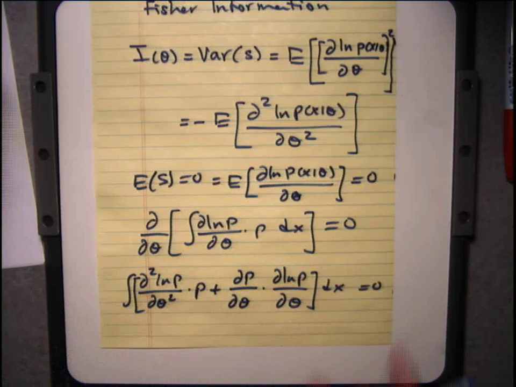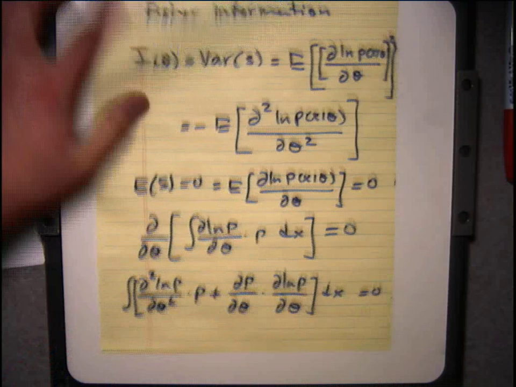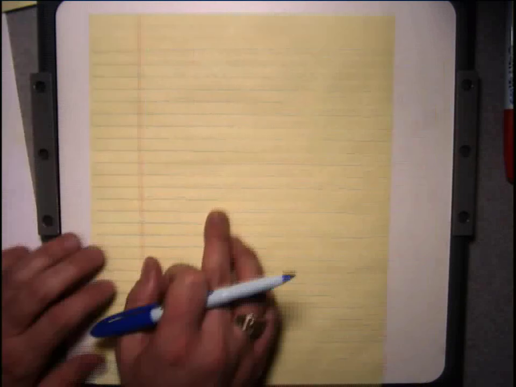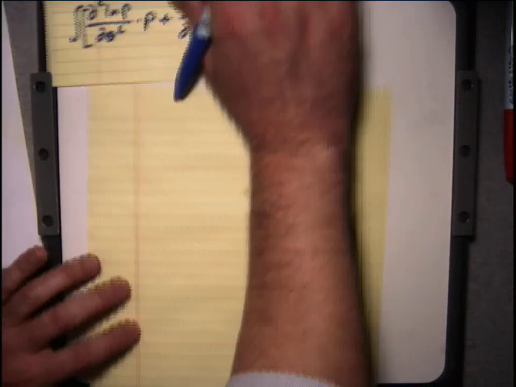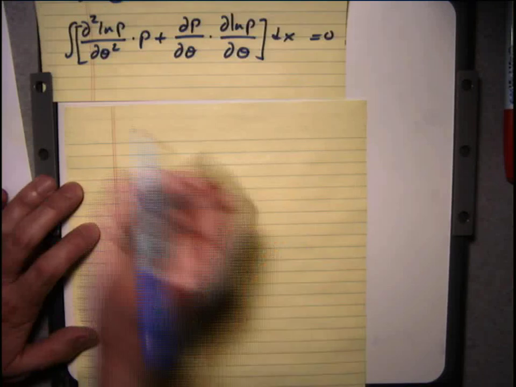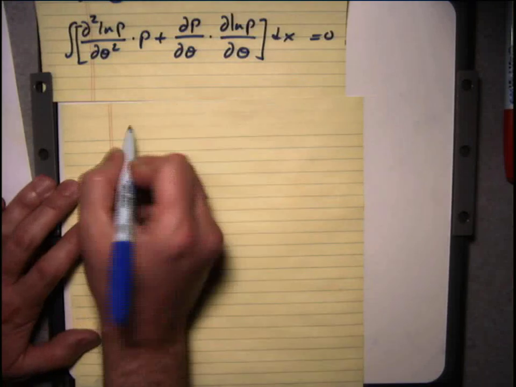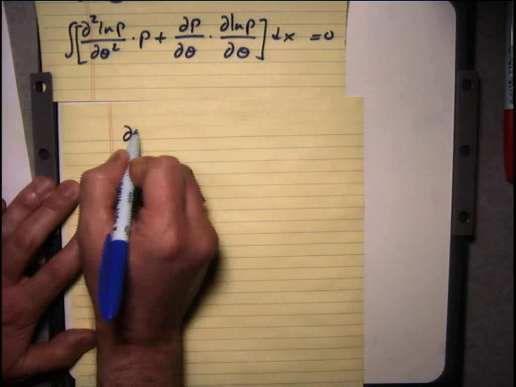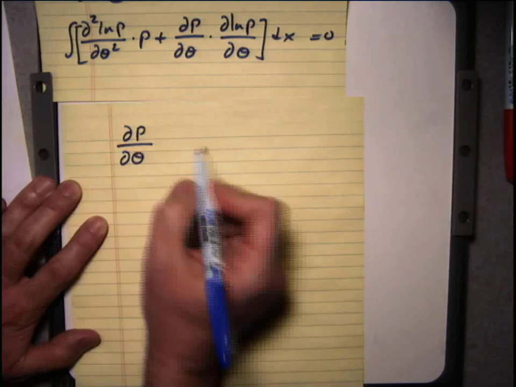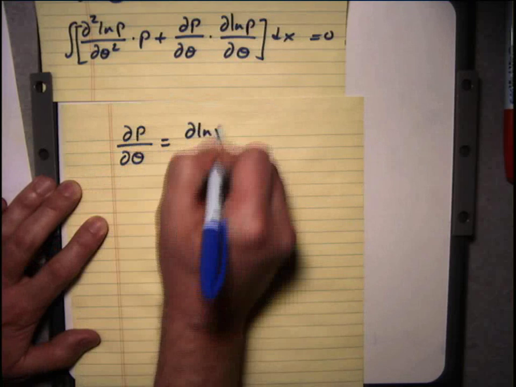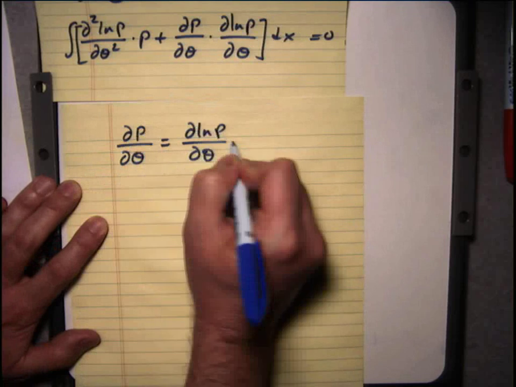Okay, and finally, let me put this here. What I want you to remember is this dp d theta, I can write this as d log p d theta times p.